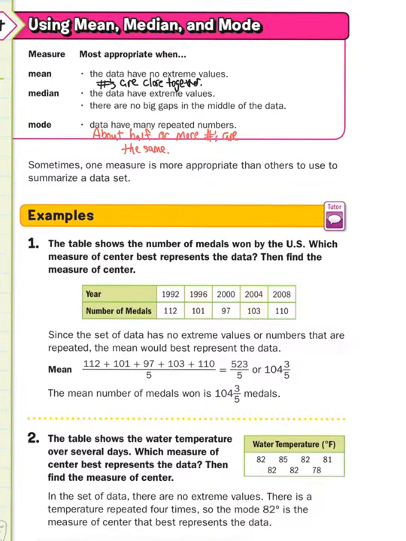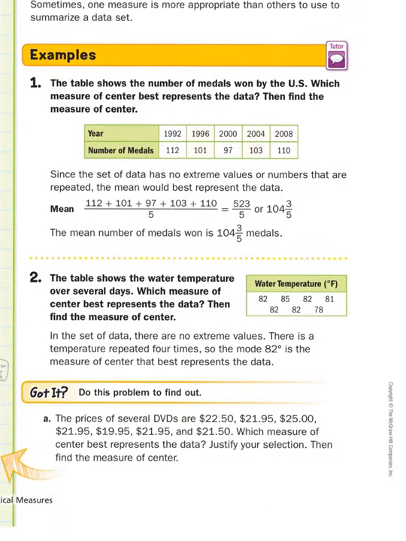Now we'll take a look at example 2. In example 2, it says the table shows the water temperature over several days. Which measure of center best represents the data? Then find the measure of center. So I'm looking at my numbers here, 82, 82, 85, 82, 82, 78, 81. Now I'm noticing right here that there are 4 out of the 7 numbers that are 82.